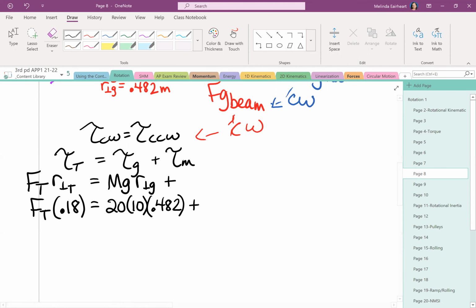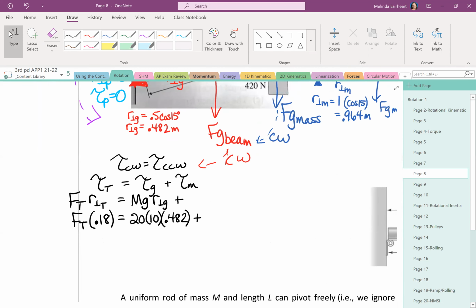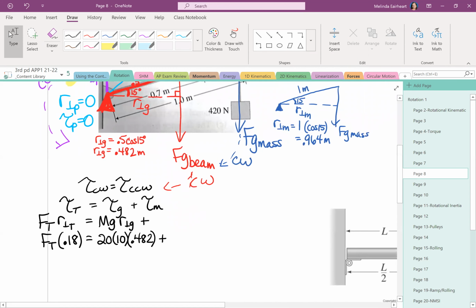Be careful here. I've been calling it an added mass. Did they give us kilograms? They said it's 420 newtons. Am I going to multiply newtons by gravity? It's already got it in there. It's already in newtons. So I'm just going to keep the 420 and its lever arm 0.964.